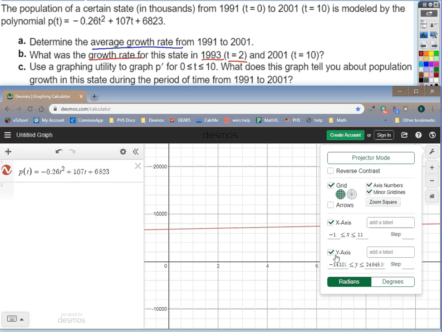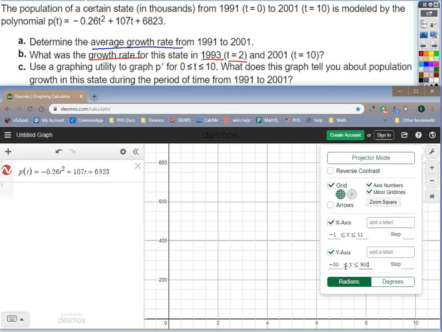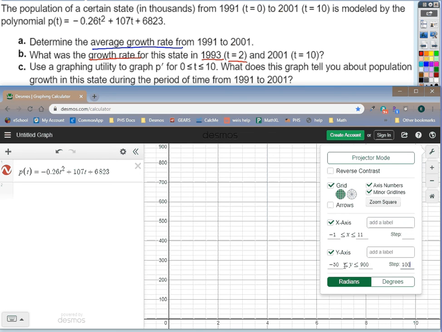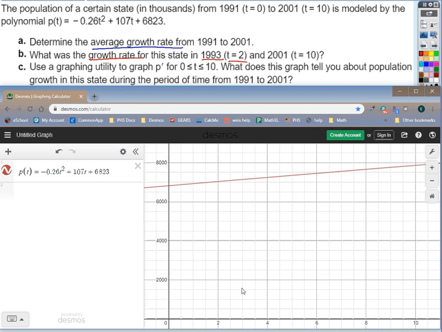That makes sense? There we go. So it's using a graphing utility to graph P prime.